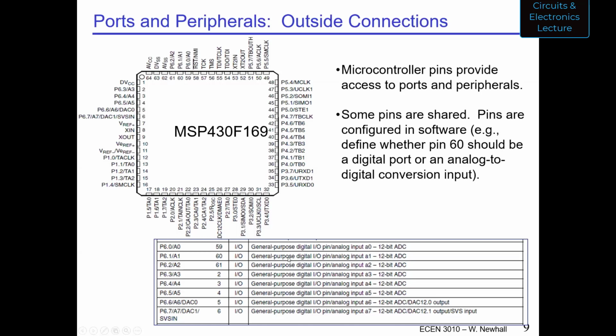They're configured in software. So you'd have to say, okay, I want pin 59 to be an output digital port. I want pin 60 to be an input digital port. I want pin 61 to be an analog to digital converter. And you can do all that in software. And so you can really tailor these chips to the functions that you need.